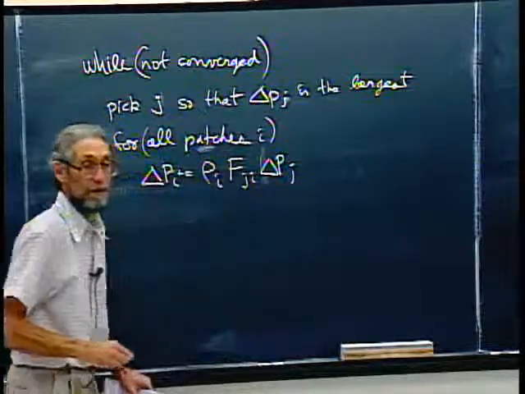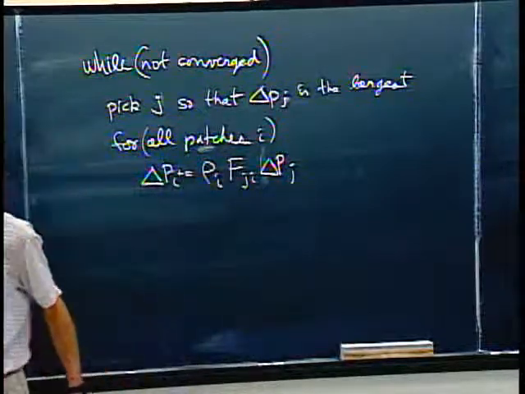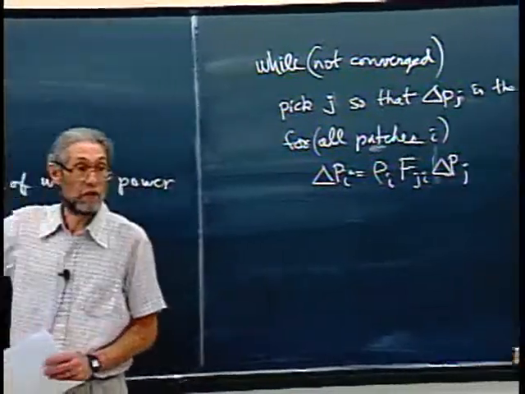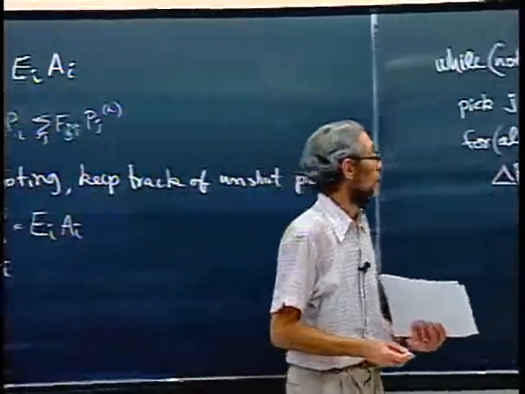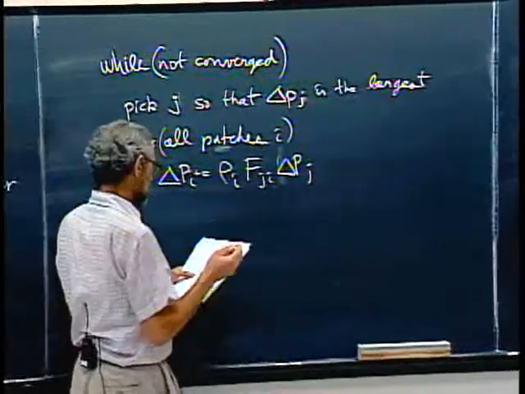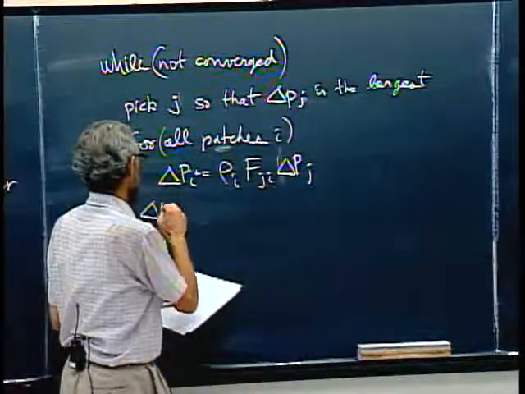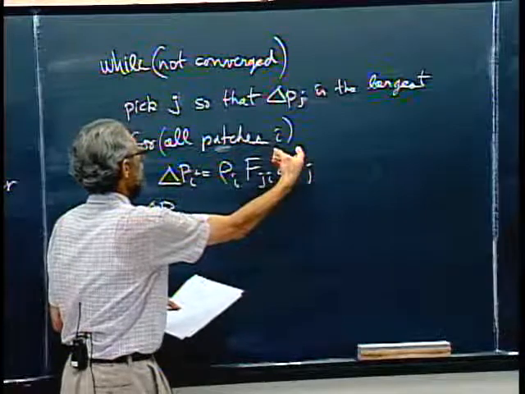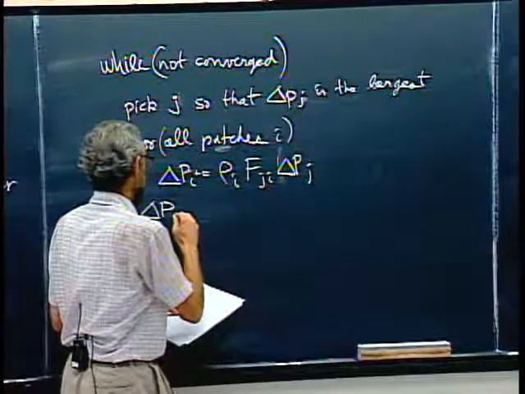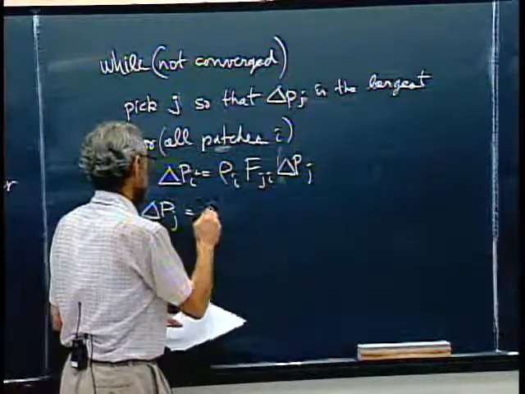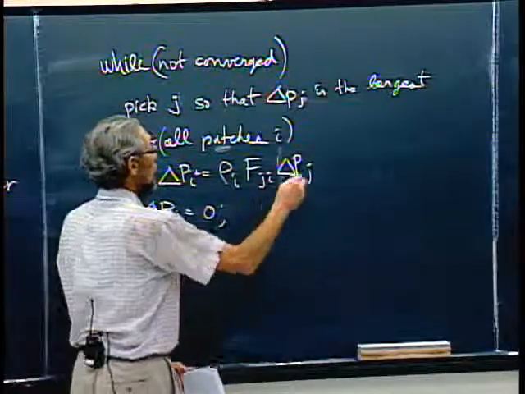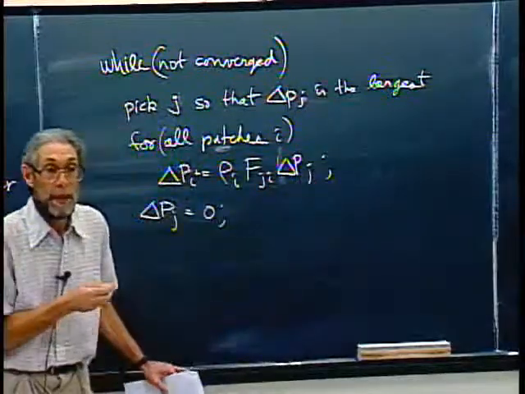That corresponds to getting one term out of this sum. And now, after I do this loop for that patch, I'm going to set delta P_J equal to 0, because now I've shot the power from that patch.